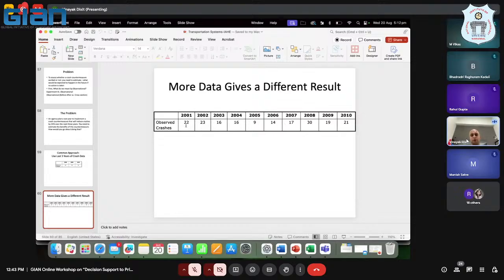So this will be 22 plus 23 is 45, 51, 61, 67, 77, 86, 100, 117, 117 plus 70 is 187. 187 divided by 10 is 18.7. Right? So my average is 18.7, while before it was 23 point something.